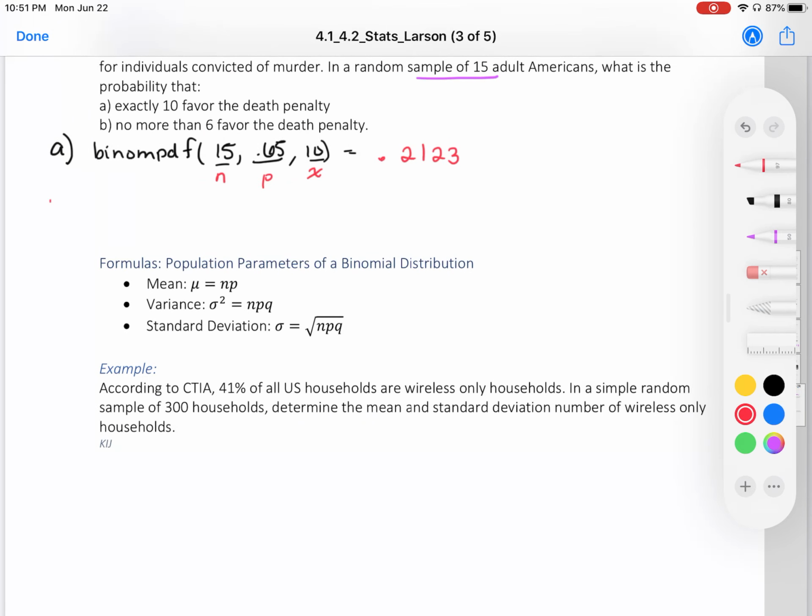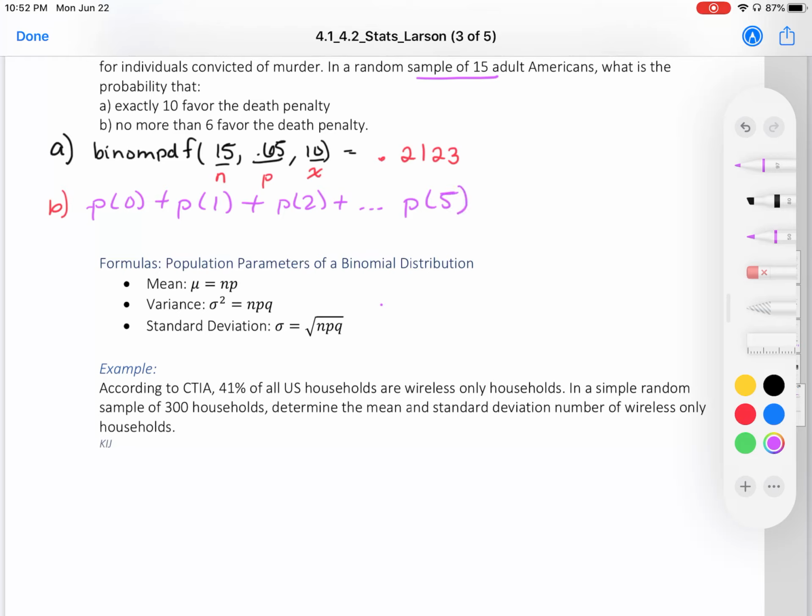All right, B. No more than 6 in favor. So you do not want to go past 6. So this would mean you want to find the probabilities of all these numbers from probability of 0, probability of 1, probability of 2, all the way, and you stop at the probability of 5.